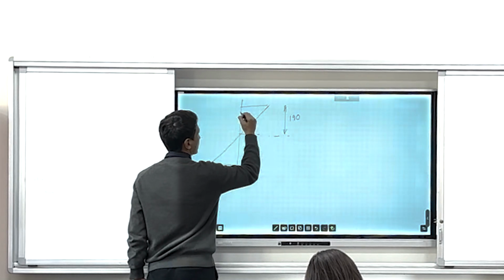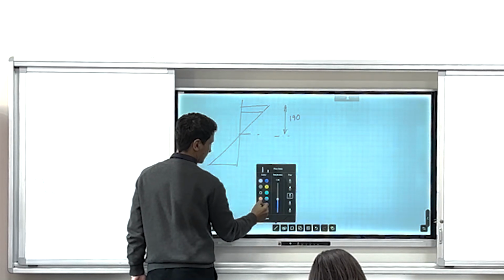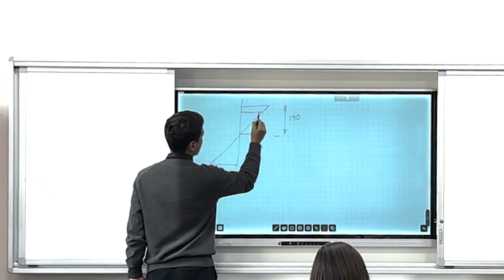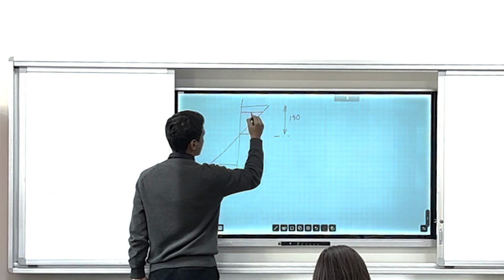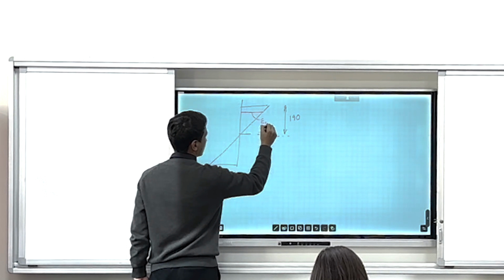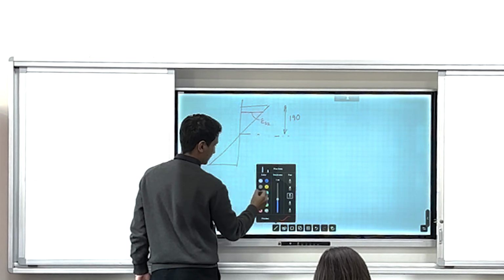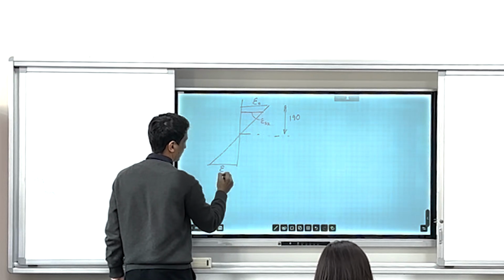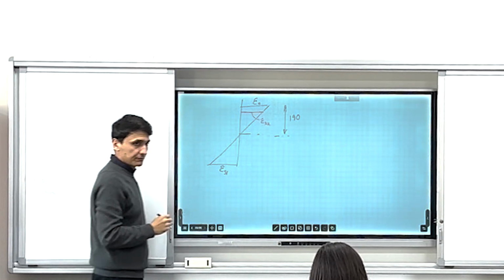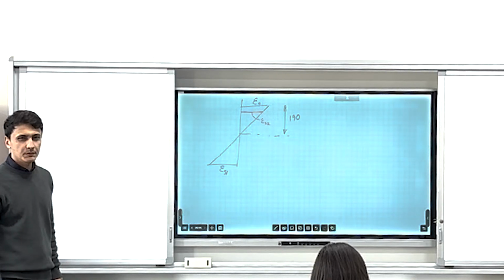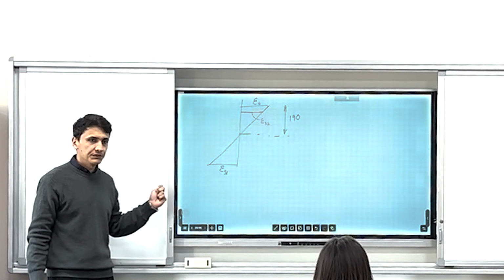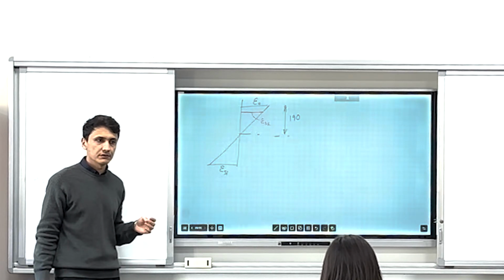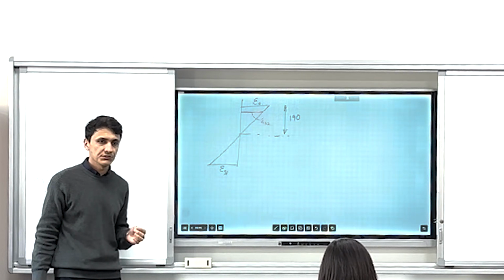Here we have top rebar, which has epsilon c, epsilon s1. Is it clear? I wrote it just in terms of strain, not stress. You can replace them because you have a linear relationship between them.